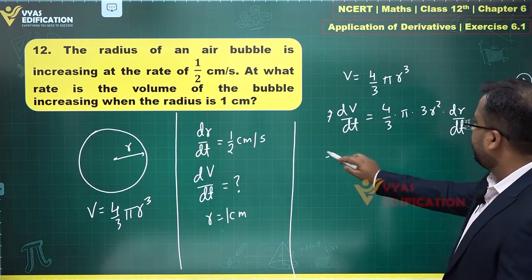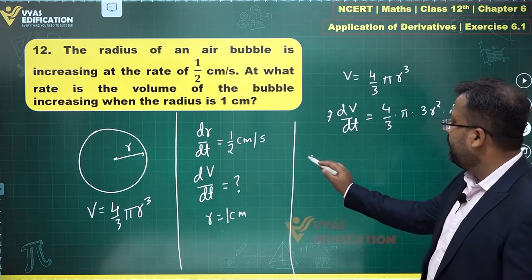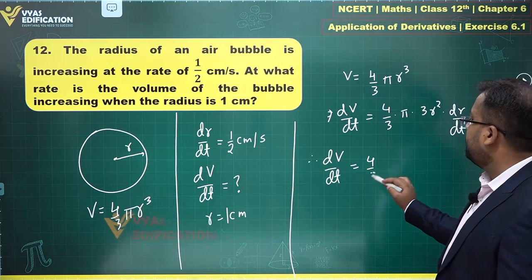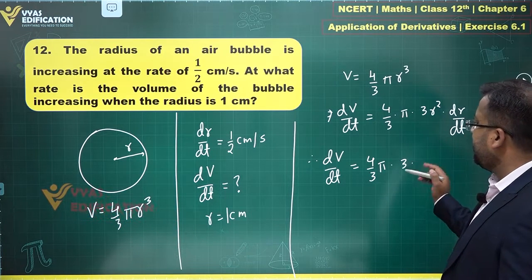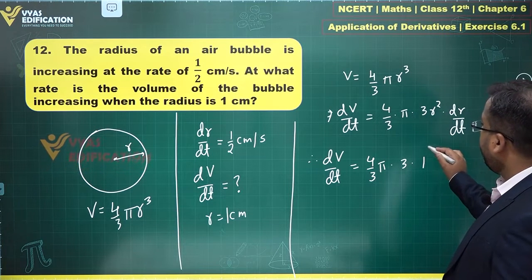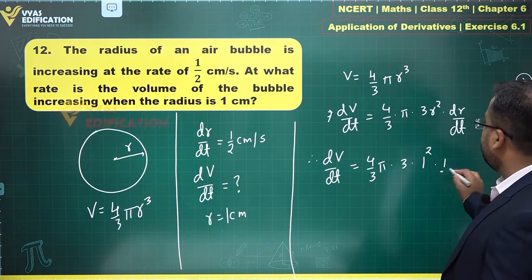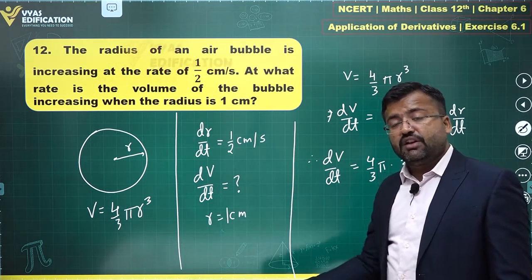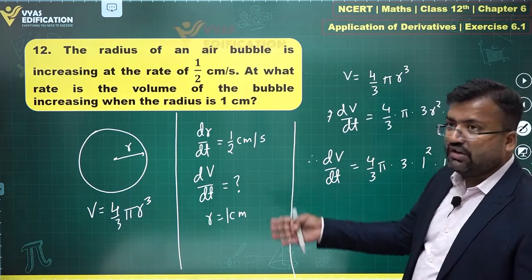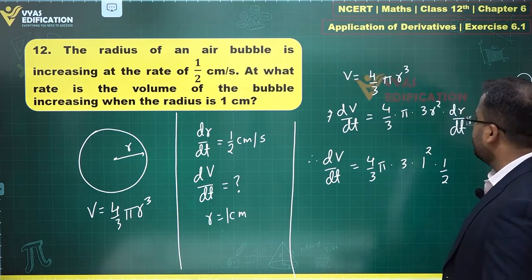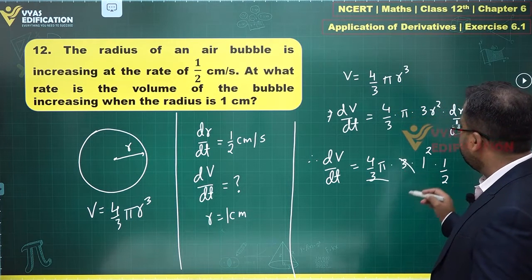Therefore dV over dt is 4 by 3 pi times 3 r square. Now what is r? This is 1 square. What is dr by dt? This is half. And units, as you may observe, length is always in centimeters and time is in seconds. So the units are consistent, right? We're not supposed to worry too much about anything over here. This 3 goes with this 3.